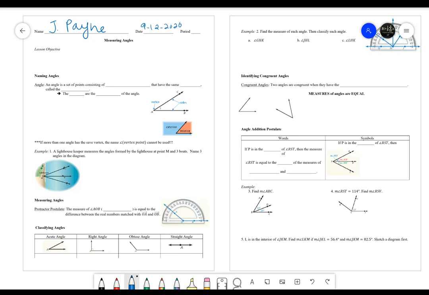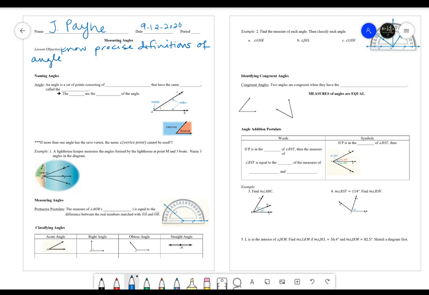Now, our objective we're going to list is to know the precise definitions of all of these words.